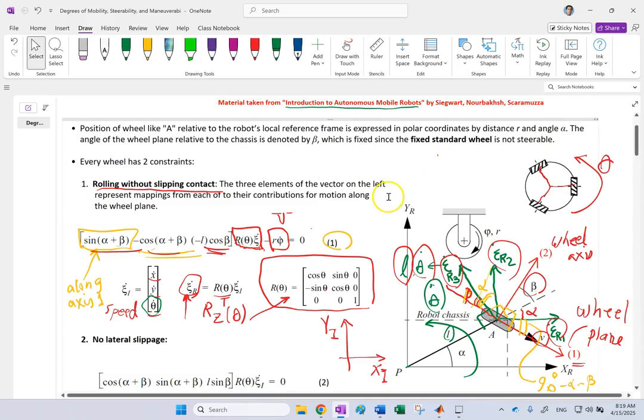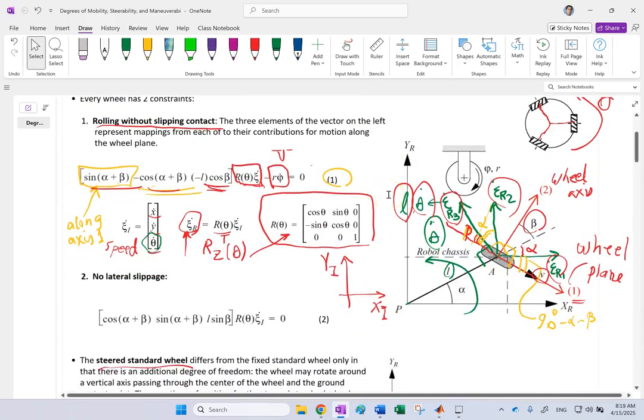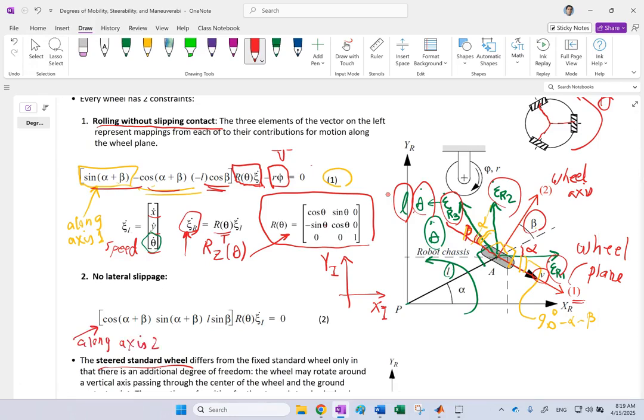Now for equation number 2, everything has to be projected along axis 2. So here everything is going to be along axis 2, or along the axis of the wheel. Therefore, when we project, the xi dot r is now going to be projected along axis 2.